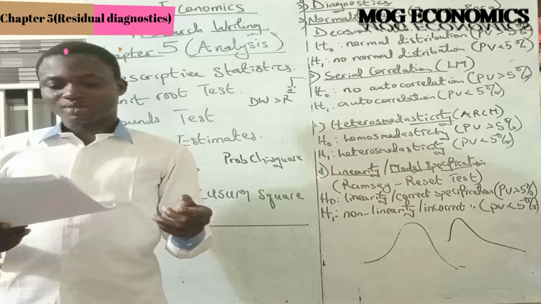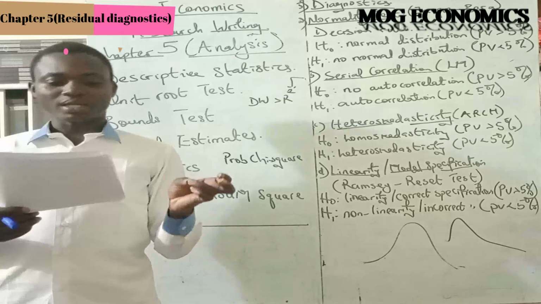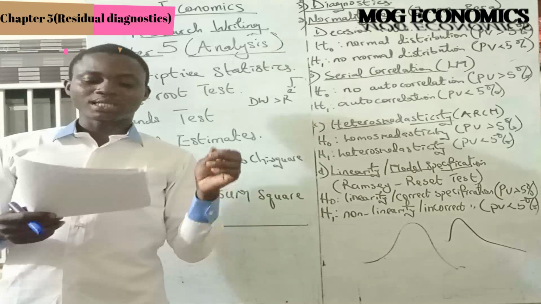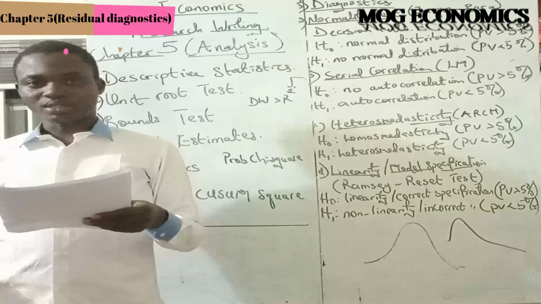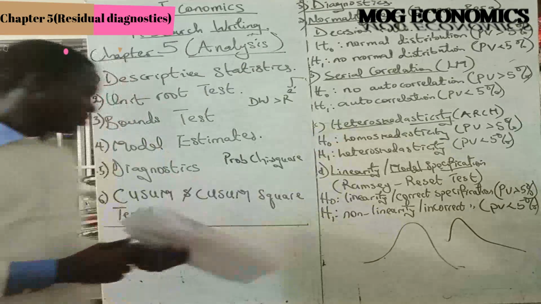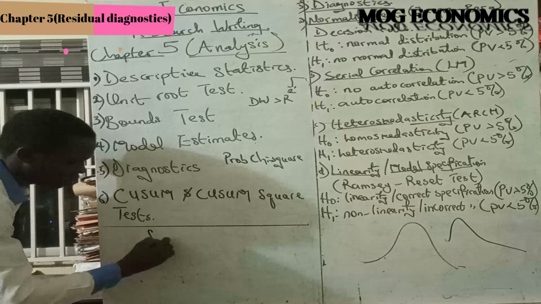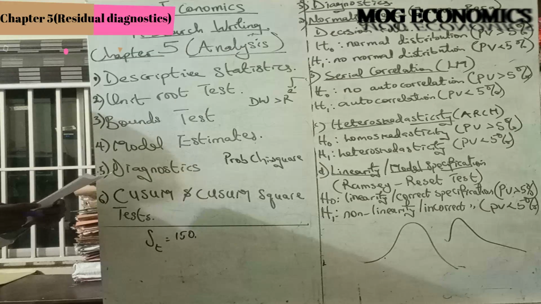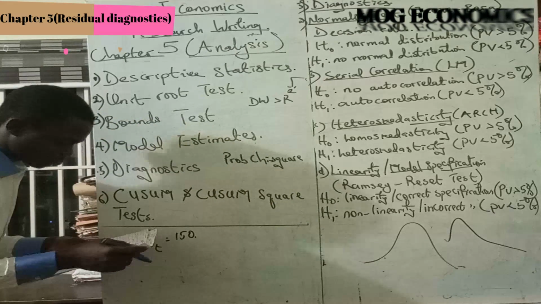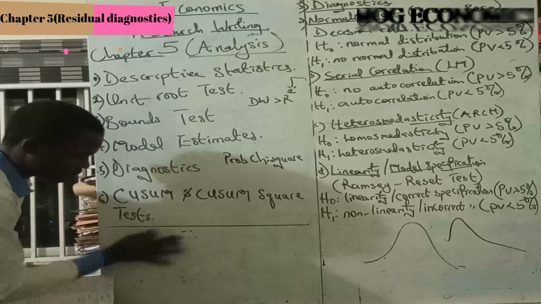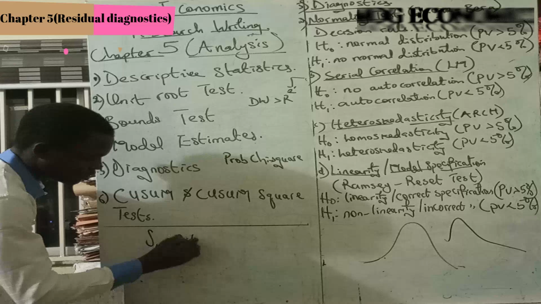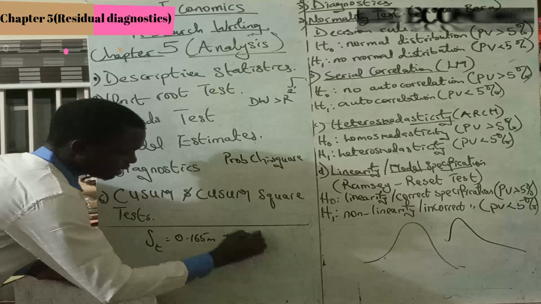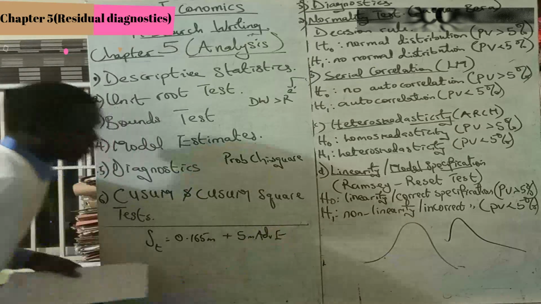Then you discover that your results gave you something like sales equals 0.165 million plus 5 million advertisement expenses, with all values in millions. So this was your result.